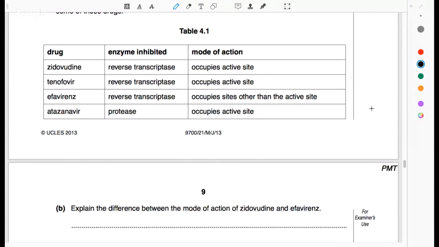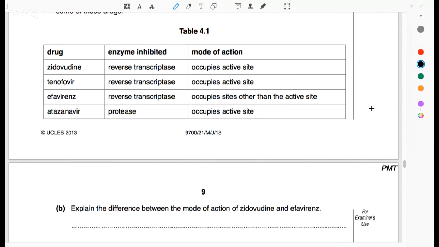Perfect. The only two marks that they've referenced here that you haven't gone over, I don't think it's fair for them to expect you to come up with this because they're not really asking it, but they say if you had zidovudine, you would be able to reverse its effects by increasing the concentration of the substrate because it's a competitive inhibitor, whilst with efavirenz, that wouldn't happen because it's a non-competitive inhibitor.